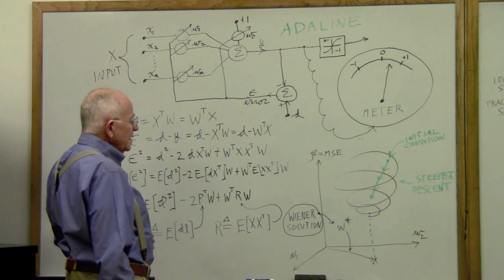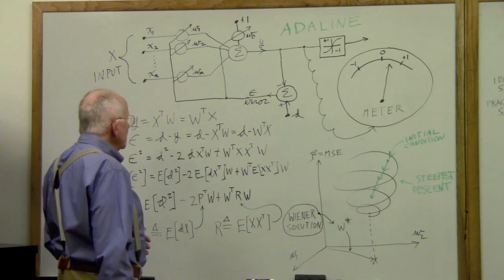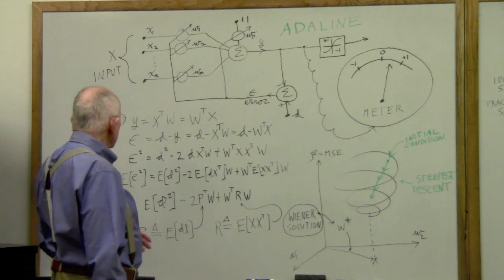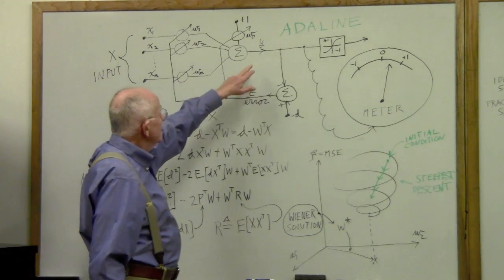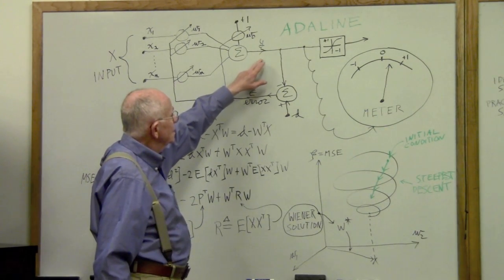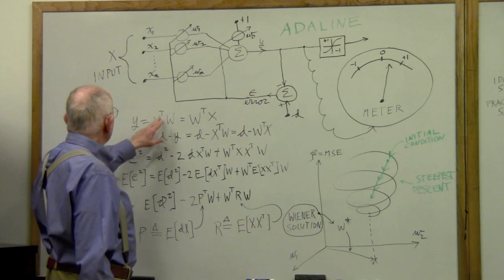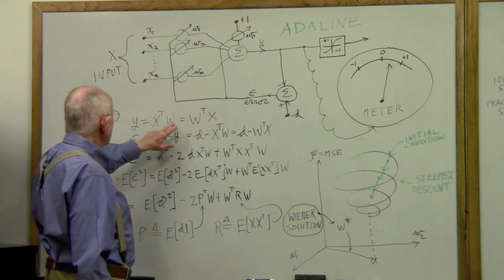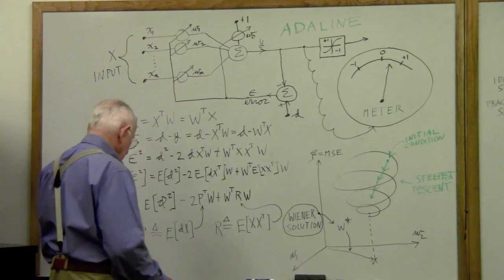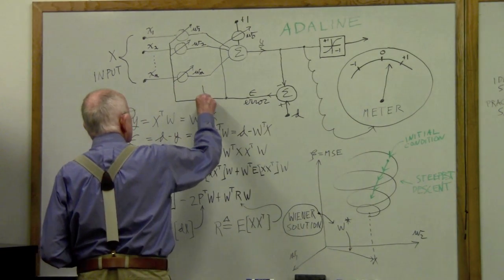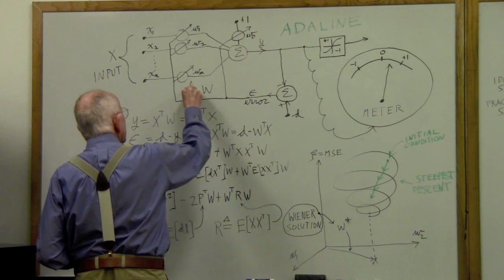Now, to get to the training algorithm, we need to do a little bit of algebra. So we look at the output y, that's an analog output. The output y is equal to the vector x transpose times the vector w, and the vector w corresponds to the set of weights.